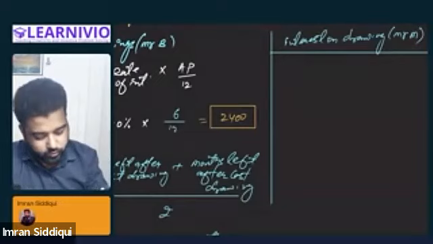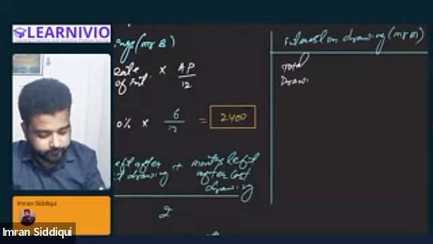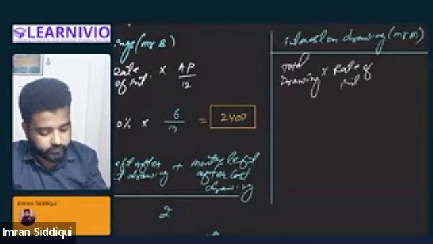So total drawing into rate of interest into average period divided by 12.